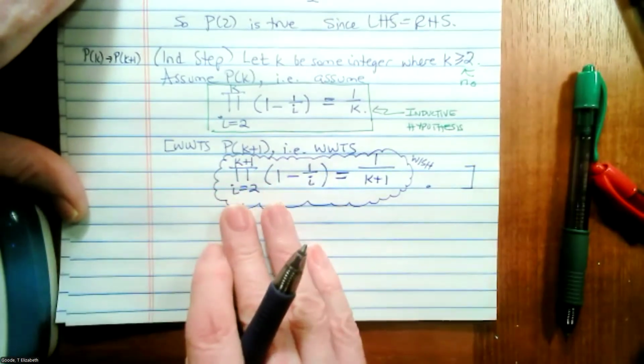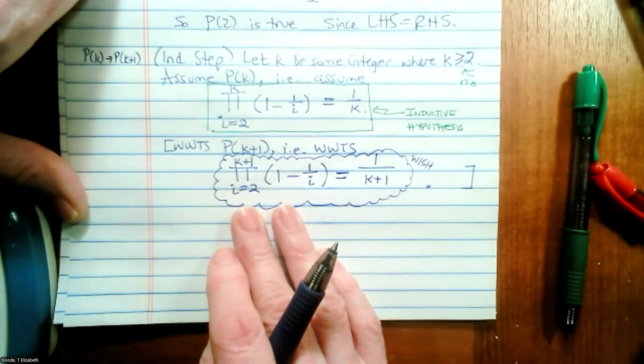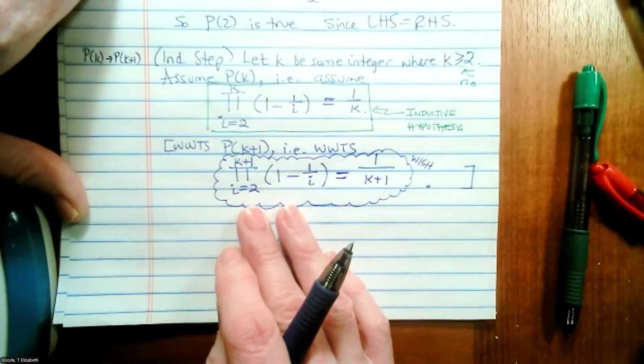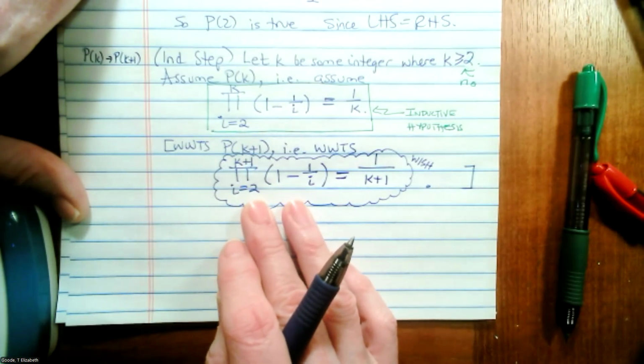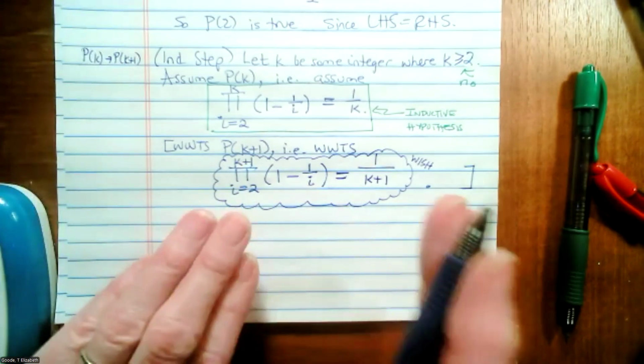One of the things we practiced was breaking off the last term of a sum or a product. We had some quizzes on that, and we practiced it in class as I do now. So this is our strategy.